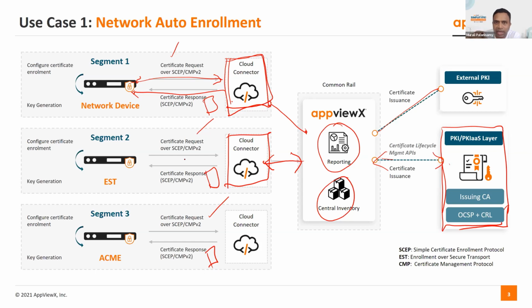So the key benefit is that your PKI environment is completely isolated and secured. And like what Jeff was mentioning, you have complete agility in terms of what PKI layer you use.